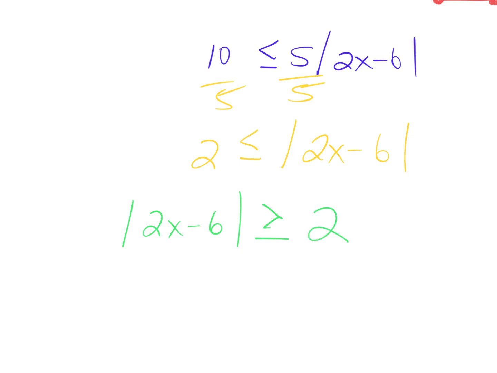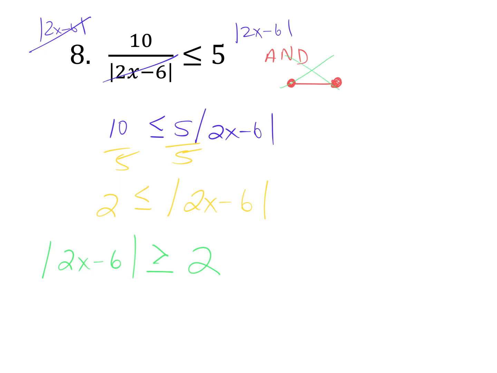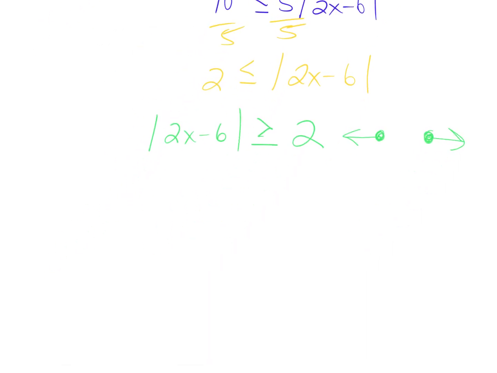When you flip it, guys, when you read it out loud, 2x minus 6 is greater. This is no longer an and problem. It has become a what? An or. All right. Now, if you didn't catch that, you would catch it at the end if you go through and do your check. Because now that the absolute value is by itself, we can go ahead and split it up. 2x minus 6 greater than or equal to 2. 2x minus 6 less than or equal to negative 2.